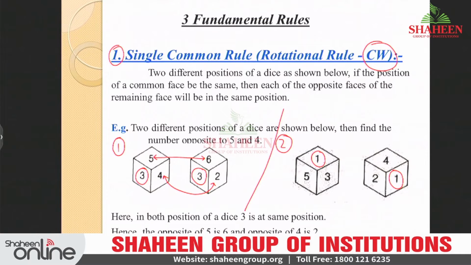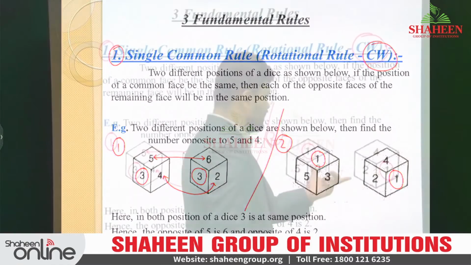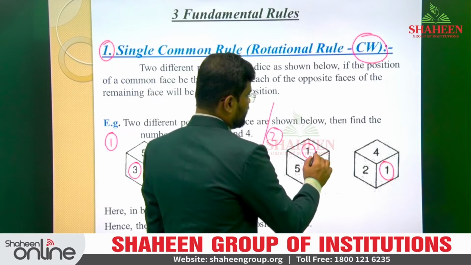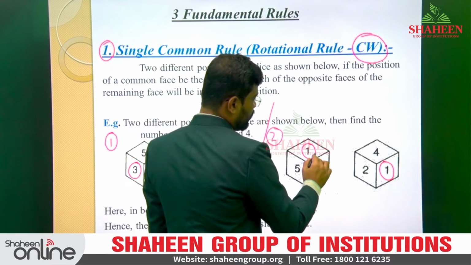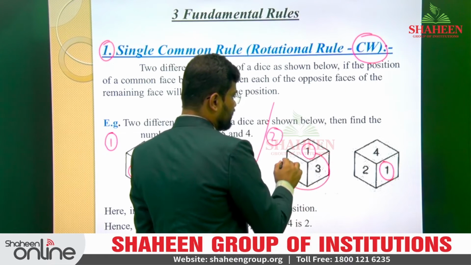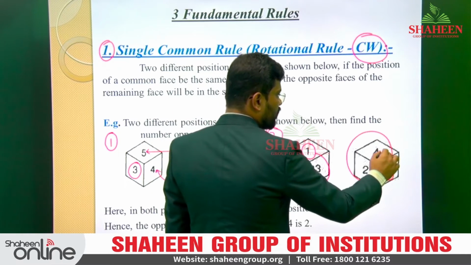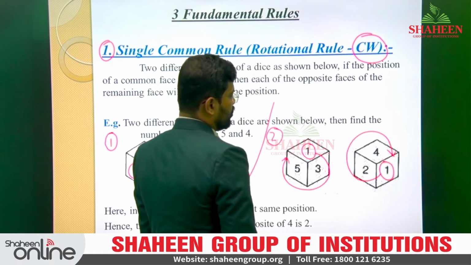At the same time, if the common element in both the dice is the same but in a different position, then how do we solve this? We will rotate it in the clockwise direction. That is known as the rotational rule.